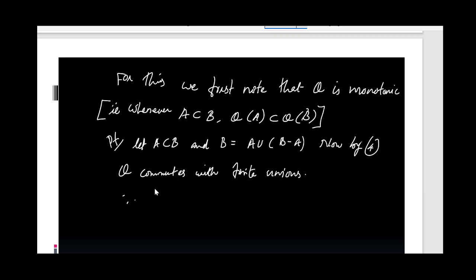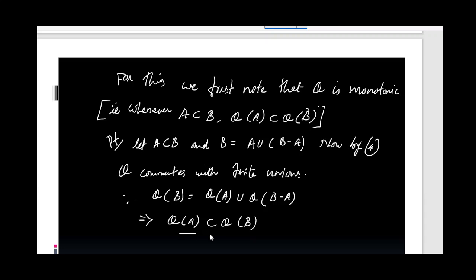Therefore, theta of B is equal to theta of A union theta of B minus A, which implies theta of A is contained in theta of B, am I right?